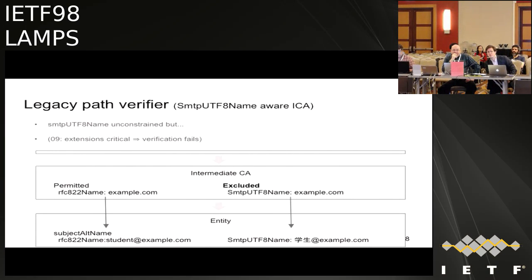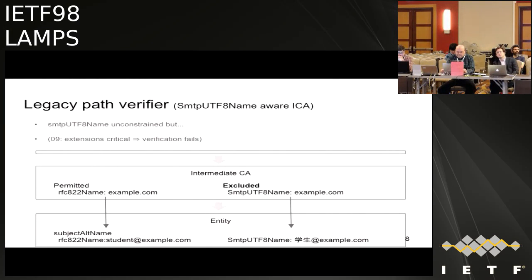That was an off-the-cuff proposal. I'm not sure I know the answer to your question, but I see where you're going. I think you're right. There was, at one point, under discussion the question of whether RFC 822 name constraints should be applied somehow to SMTP UTF-8 names that you find, and have to match them.